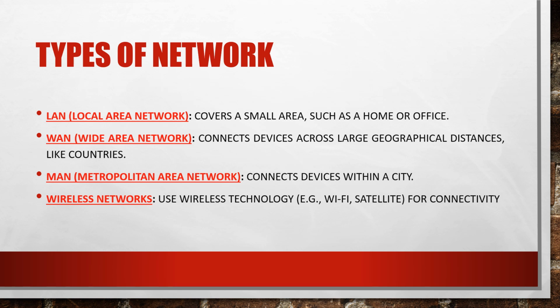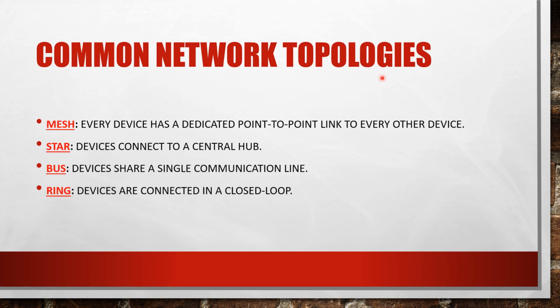Without any wired connectivity, we call it a wireless LAN or wireless network. Common network topologies ensure how the connections are made between device to device. This we already know in network topology. These topologies are widely used in networking.